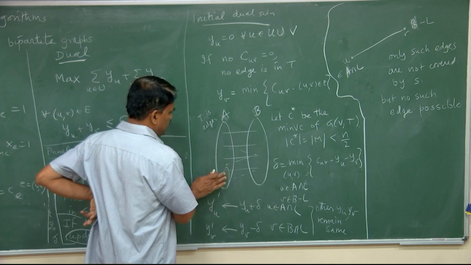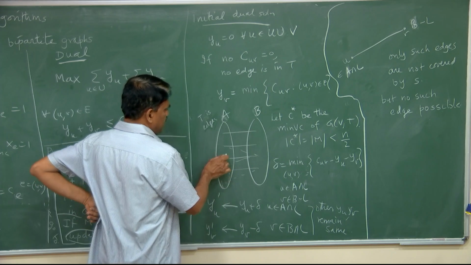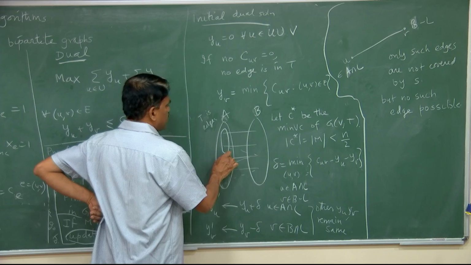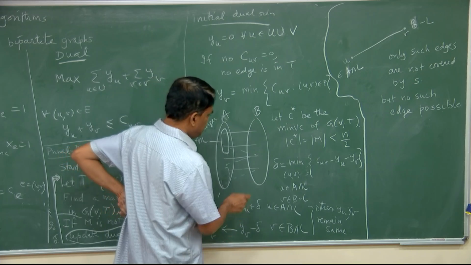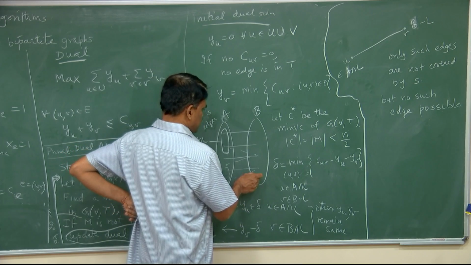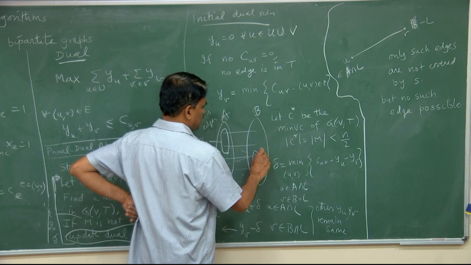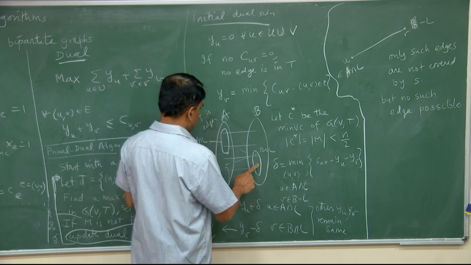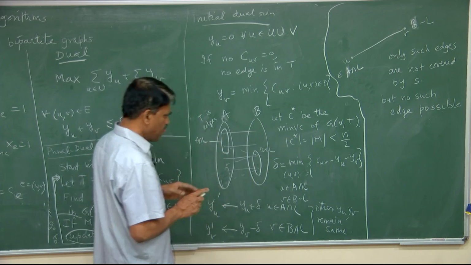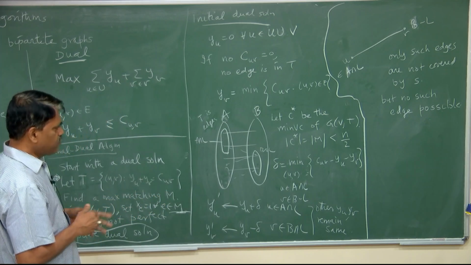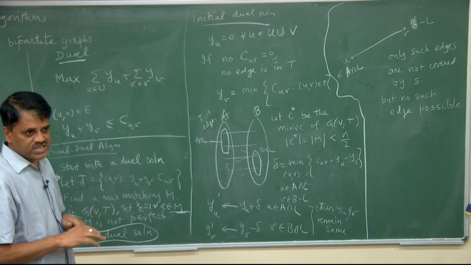So anything in A intersection L, these are the vertices I don't pick in my vertex cover, and B intersection L is what I pick in the vertex cover. So here I am going to subtract, here I am going to add. And for other Y_U, Y_V, I am not going to change anything.